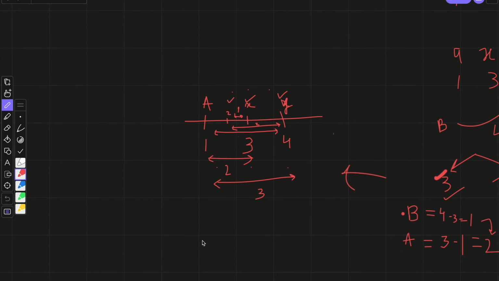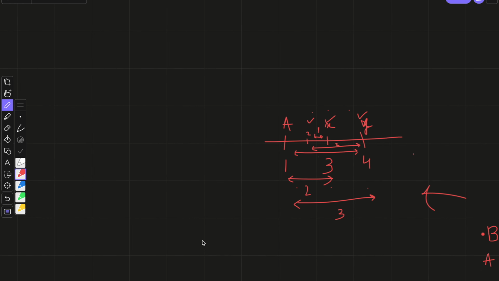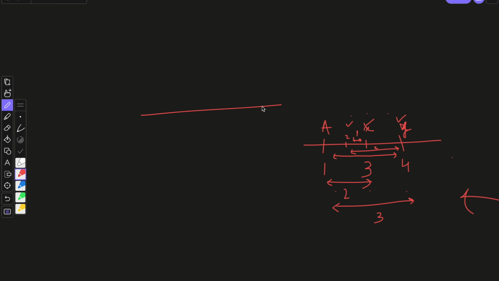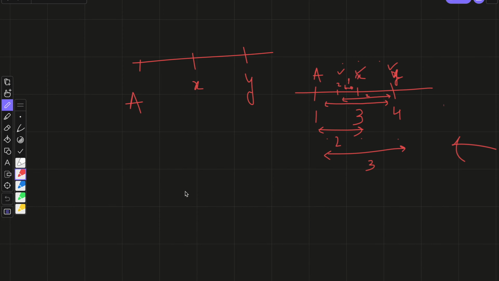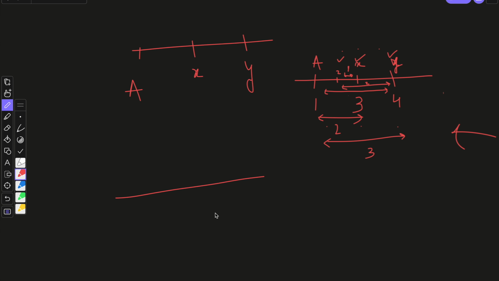So this becomes the case where X and Y lie ahead on the number line from Alice. Now, a case also can be that this is X and this is Y and Alice's position lies ahead.